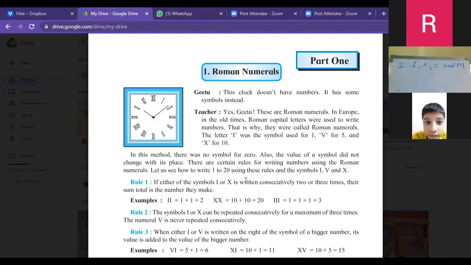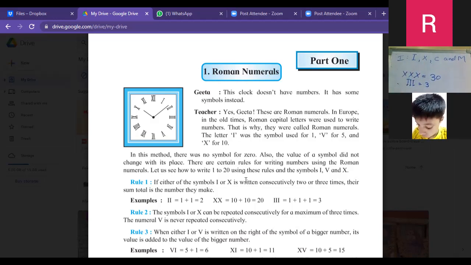We can repeat them only 3 times. We can write XXX like this and say it is 30. I also we can write only 3 times: 1, 2, 3. So this way only 3 times. We cannot repeat it more than 3 times. Okay, and this is the first rule.